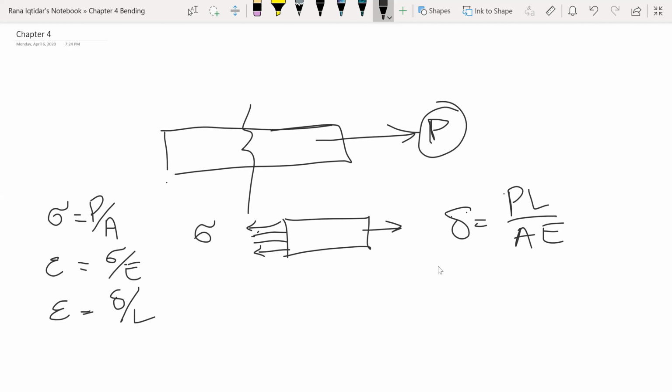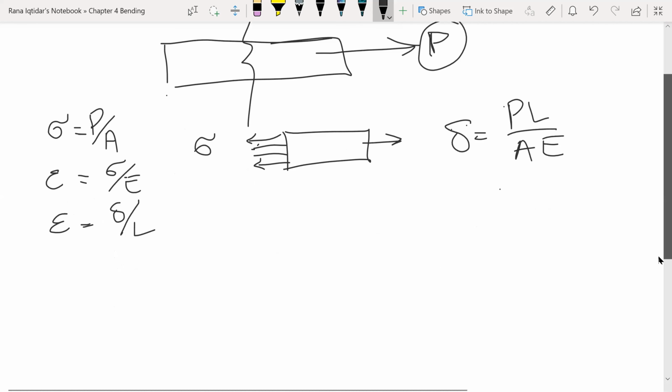So this was chapter 2, which was all about an axial load, which may be a compressive or a tensile load. So we calculate different values of normal stress, normal strain epsilon, and delta, that was the extension of that particular material, right?